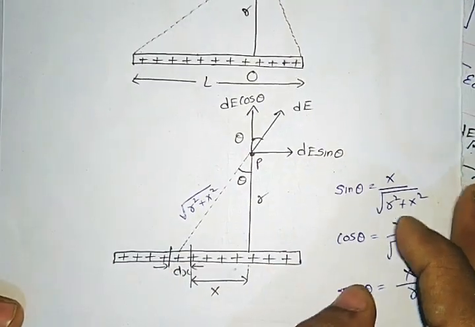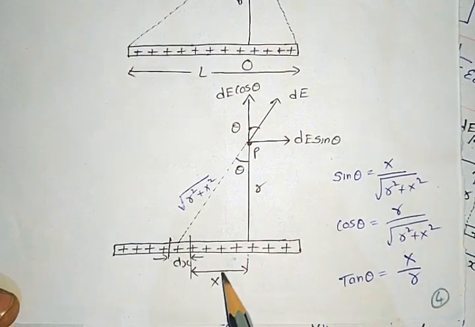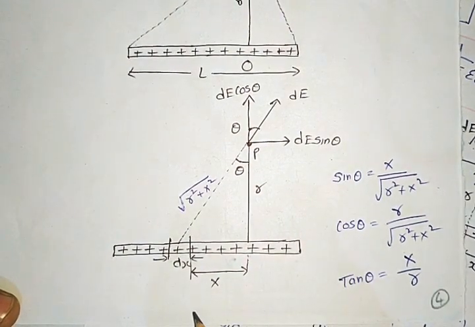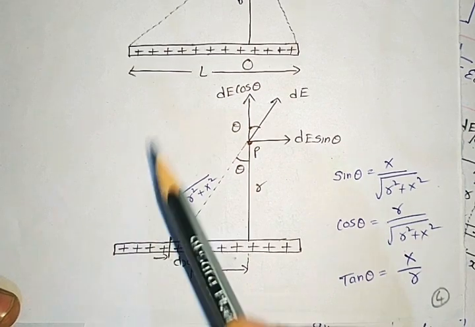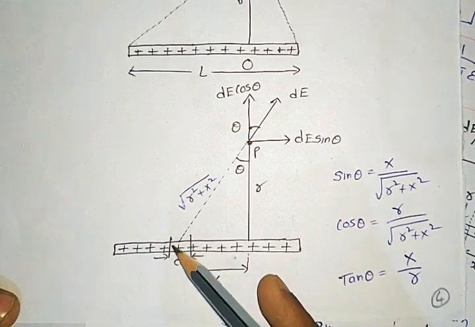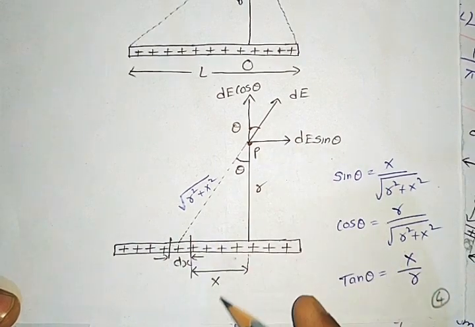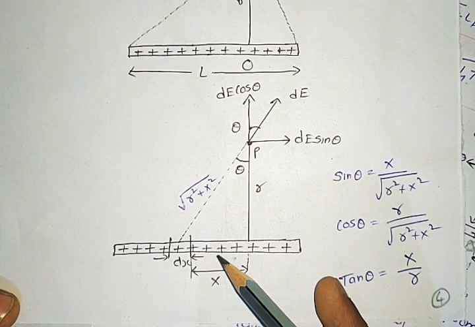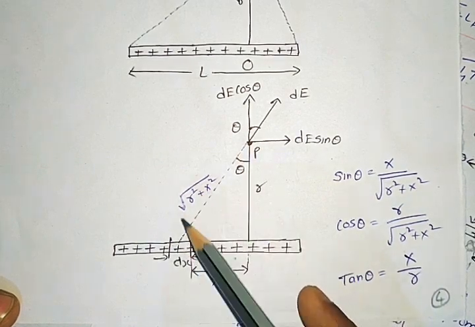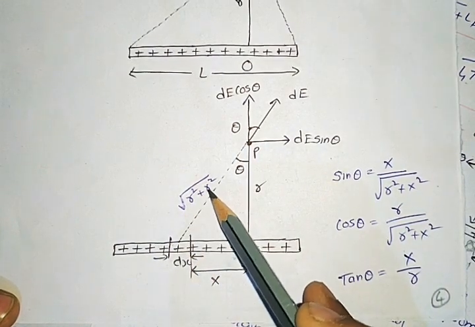Now for analyzing situations like that, again as we have already discussed, what we will do here is that we will take a small element dx here. Now because of the element dx, which is situated at a distance of x from this particular point, here again a right angle triangle is formed, so its hypotenuse will be root of r square plus x square.